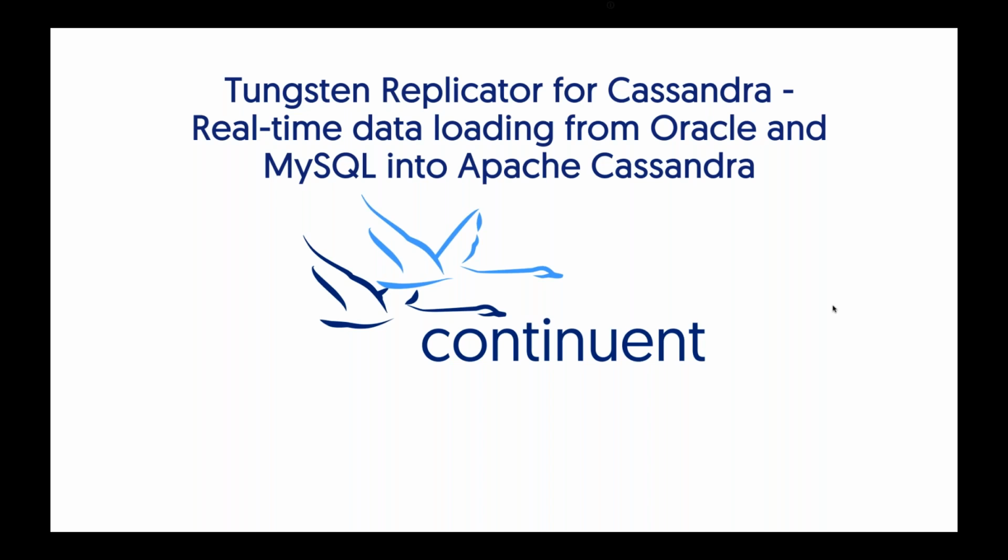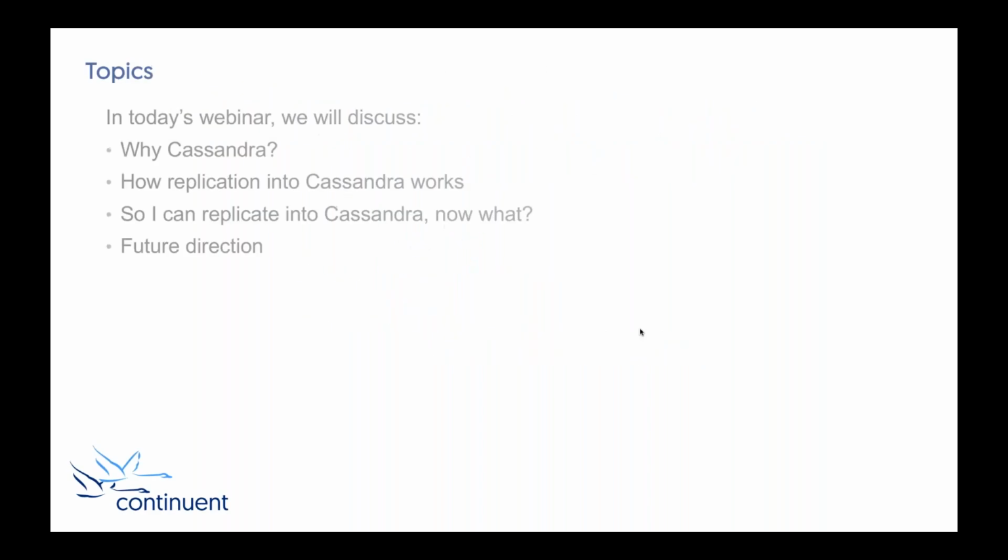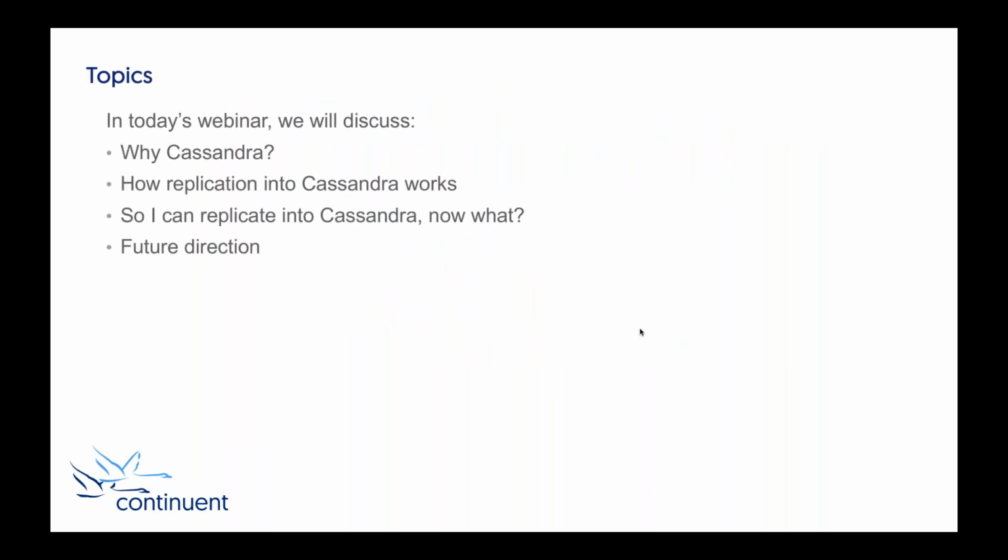With those two little points of admin out the way, let's start having a look at how we replicate data into Cassandra. First of all, why would we use Cassandra as a destination? Why would you want to replicate data into Cassandra anyway?